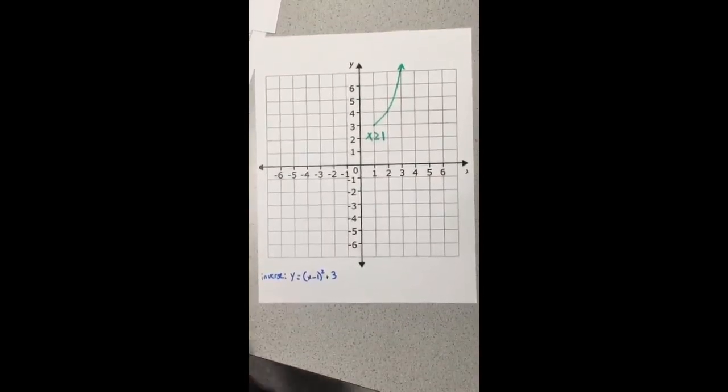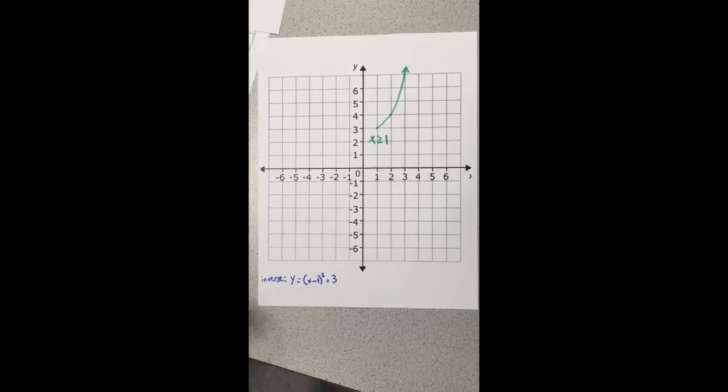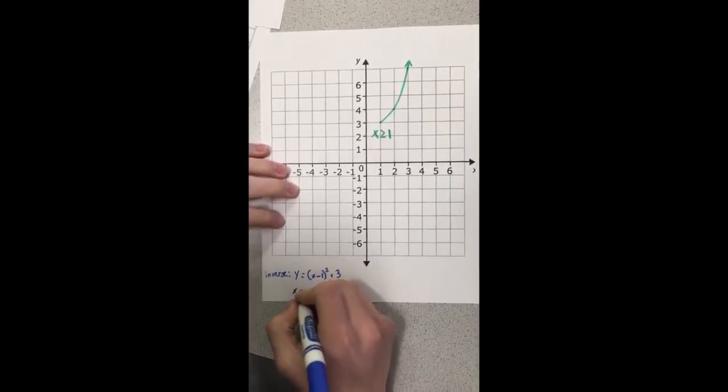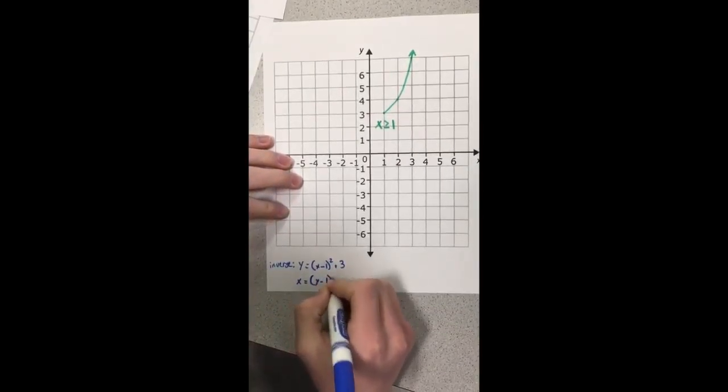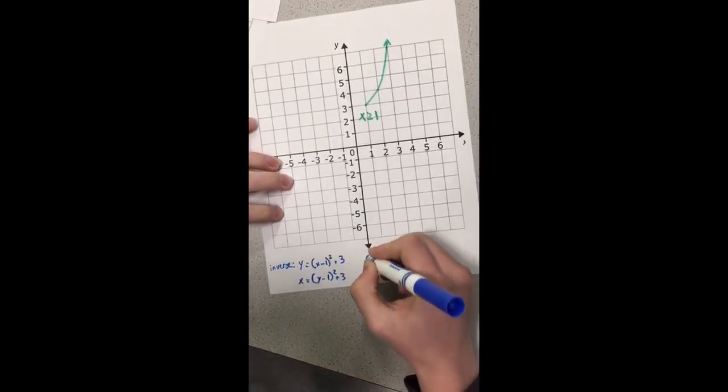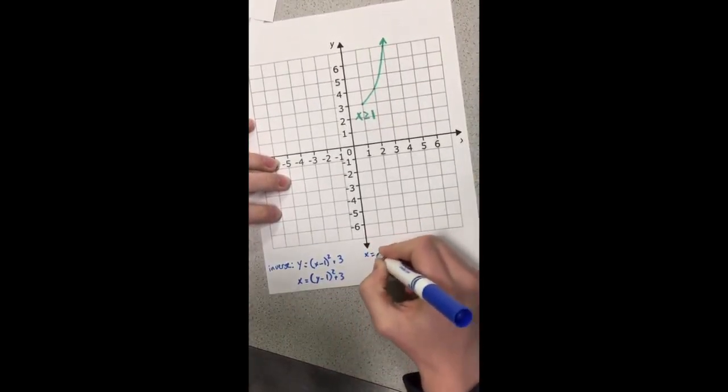And so when you find the inverse, you first have to switch x and y, so we turn to x equals y minus 1 squared plus 3, and then you just try to solve for y.